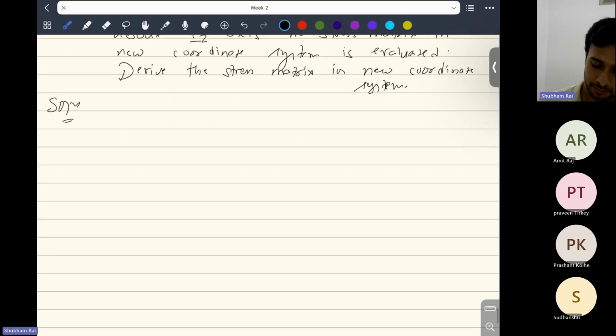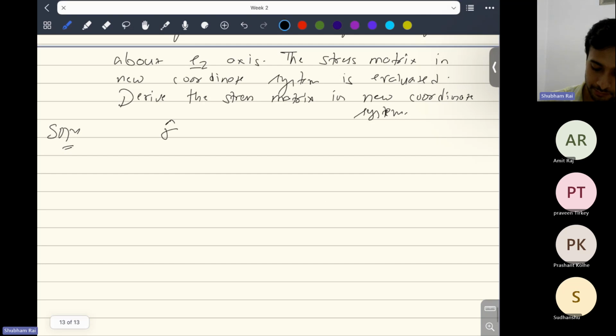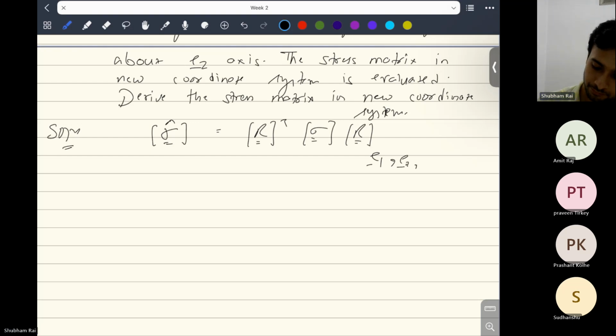So you already know that sigma hat will be equal to R transpose sigma R, right? And this is in the E1, E2, E3 coordinate system.